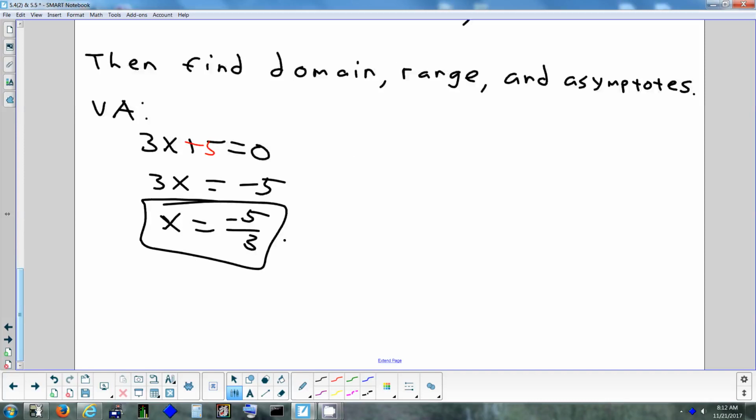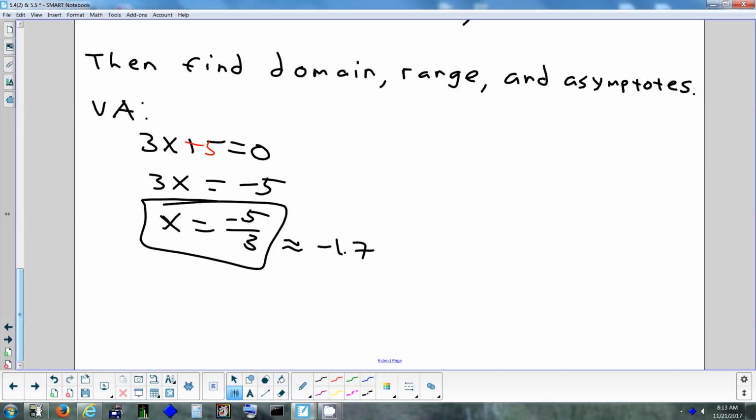What would that be as a decimal? Only because when I graph, decimals are a little handier to plot. It's negative 5/3 as a decimal. Dylan? Negative 1.66. Yeah, so we'll just say about negative 1.7 just for graphing purposes. But if I ask you what the vertical asymptote is on a test question, just leave it as a fraction. Only change to decimal if you need to graph for your own benefit.